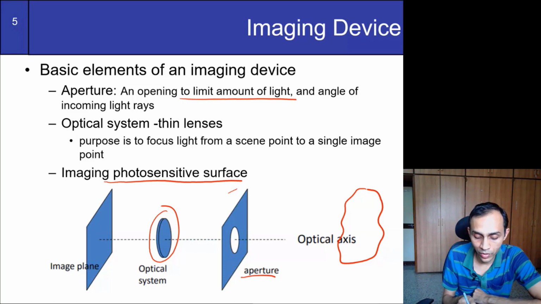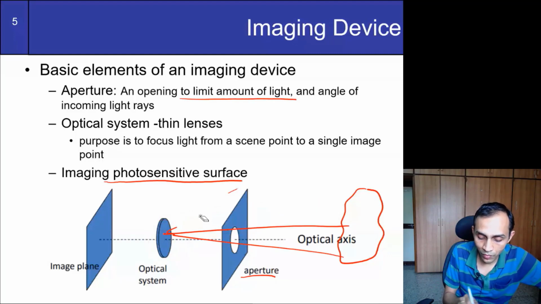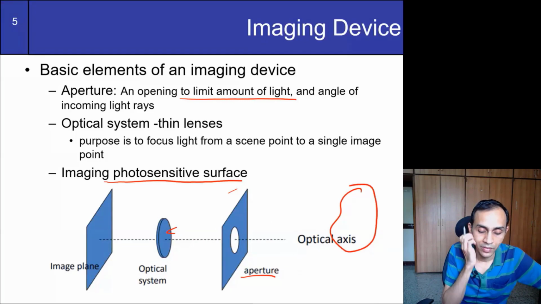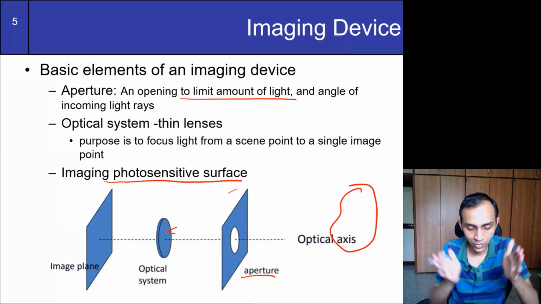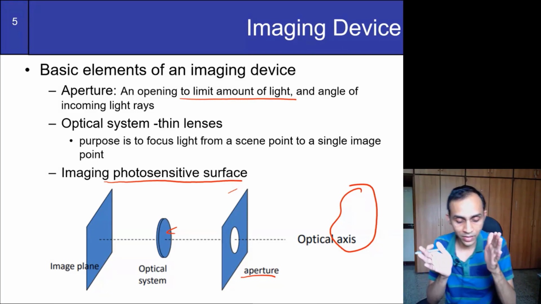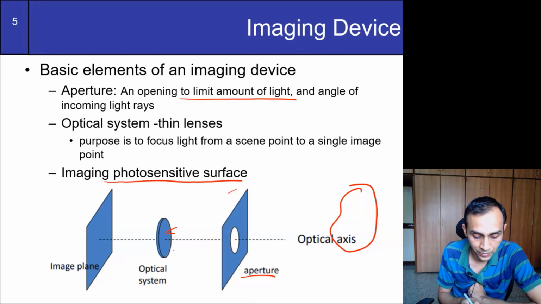Because if light falls from all directions, the image that forms will be very blurred. So in order to form a sharp image, there is an aperture which restricts light so that only rays from certain angles and a certain amount are incident on the optical system.